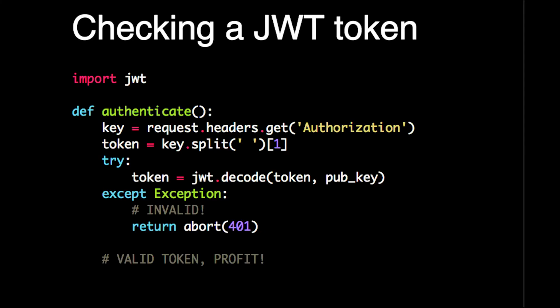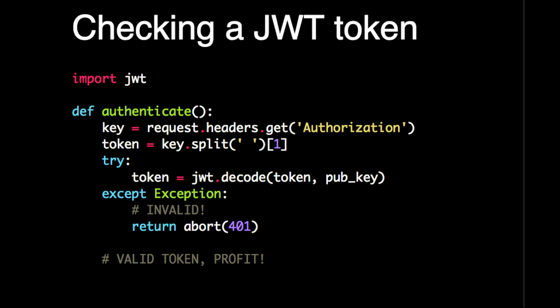So this is how you can authenticate in Flask using a token like that. It's a summarized version, but basically you shove the JWT inside the authorization header, and then you can use the JWT lib to decode it. When you decode it, it's going to verify if it's valid, if it didn't expire.